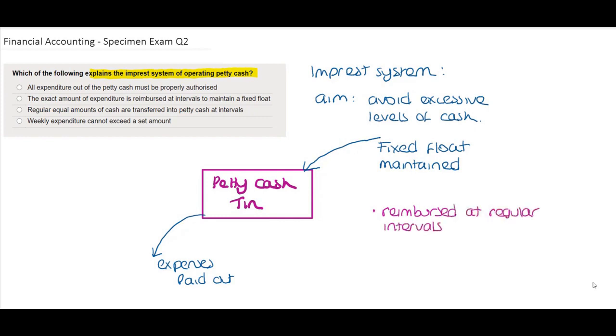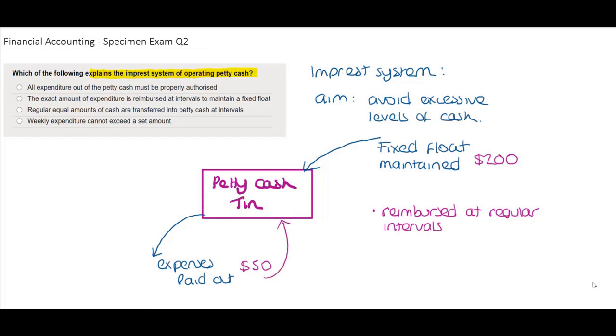So for example, if we had an imprest system with a fixed float of, let's say, $200, and within the period the expenses paid out of that petty cash were $50, then the expectation is that the $50 will be reimbursed back into petty cash.